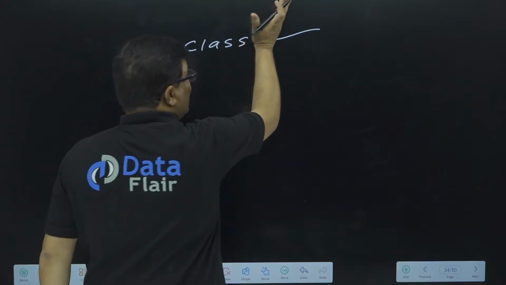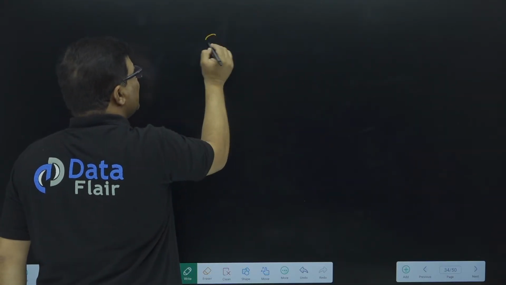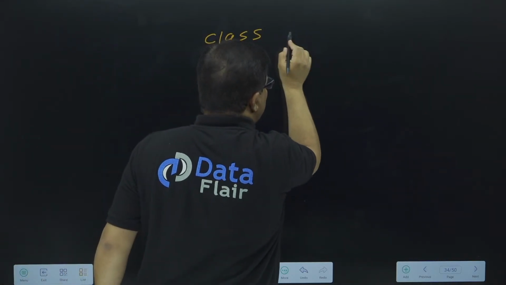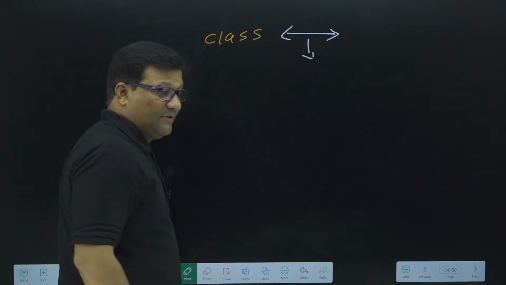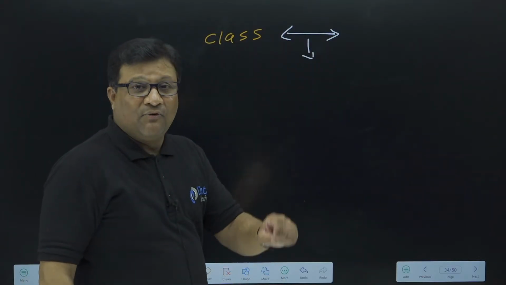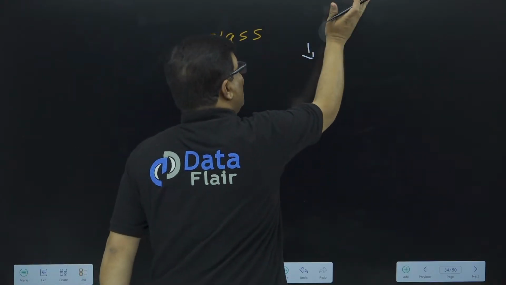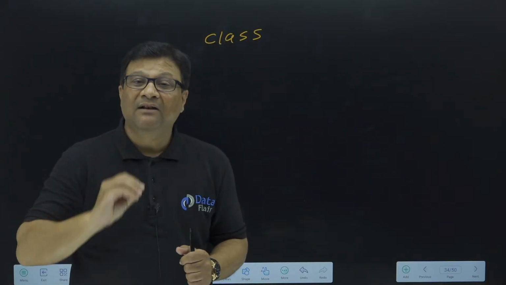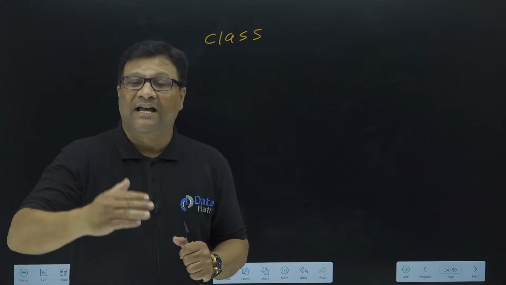I'm not talking about the class keyword. To declare a class in Java, we use the keyword class, right? But then I need to specify the class name, the name of my class. So here we have to check the naming convention. In Java, for class names and even method names, there are two types of naming conventions: camel convention and snake convention.